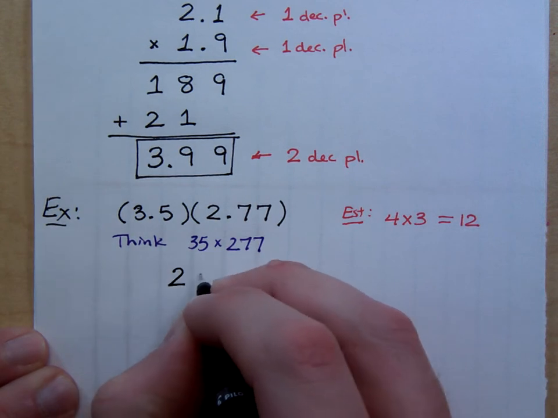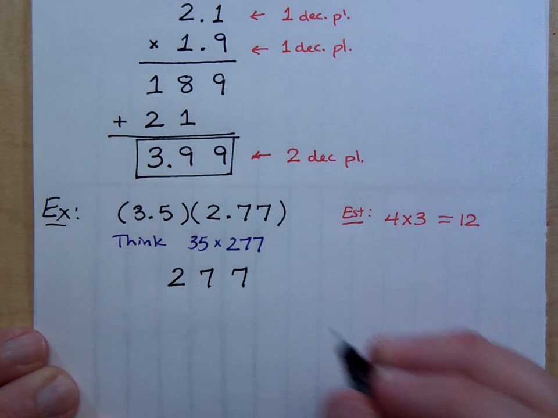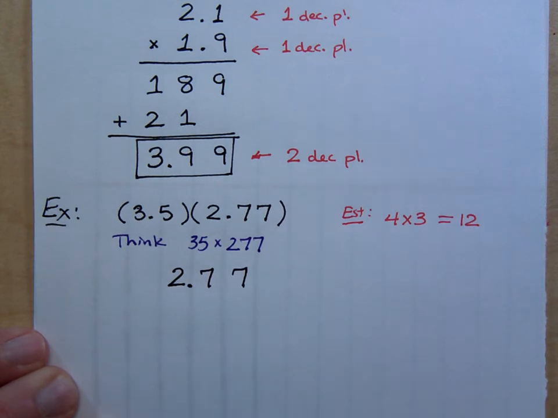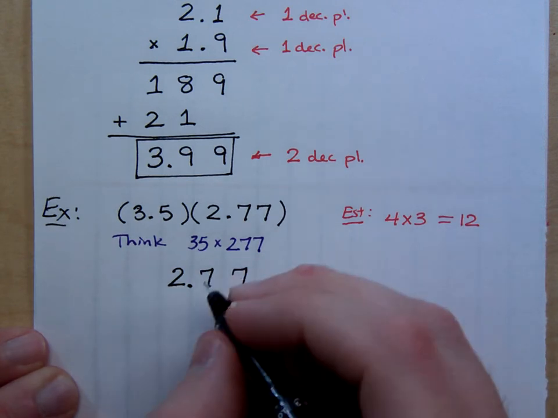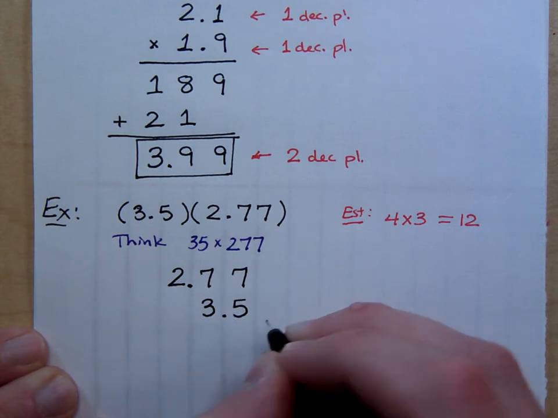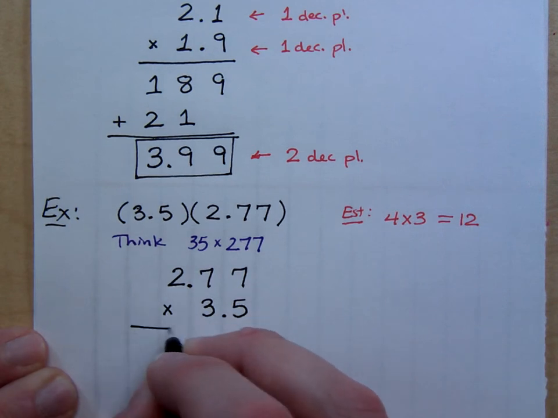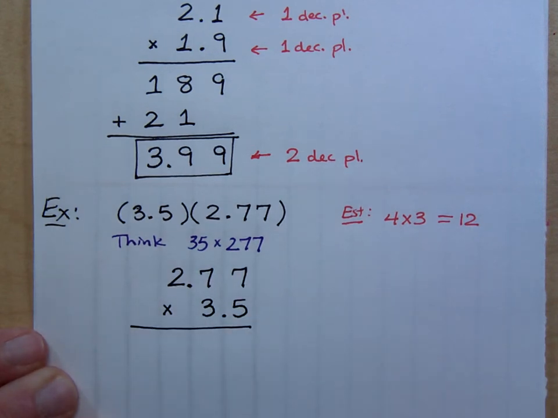So I'm doing, well, it's not 277, is it? It's 2.77 times, it's not 35, but it's 3.5. Okay, so multiply.